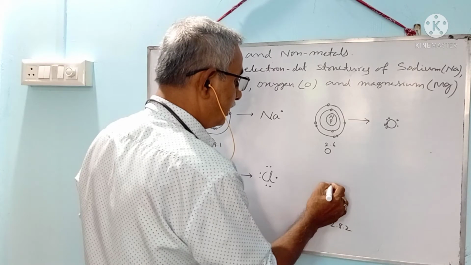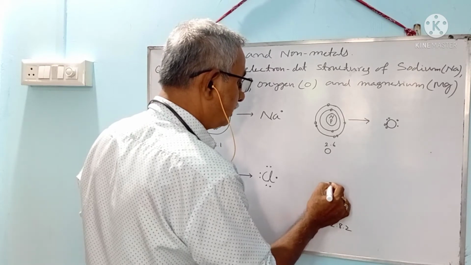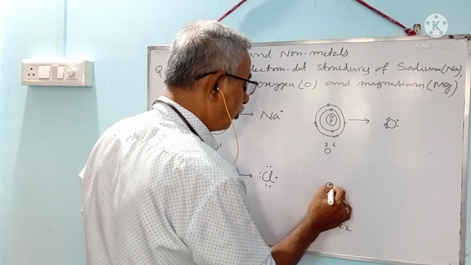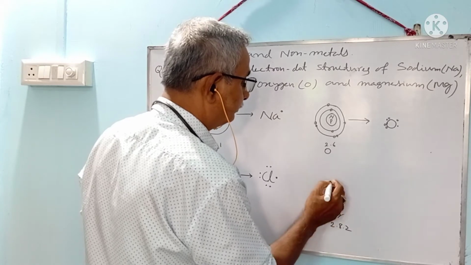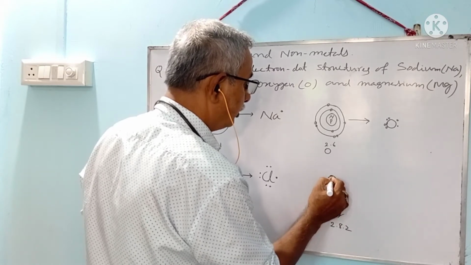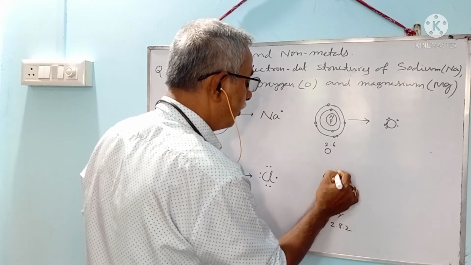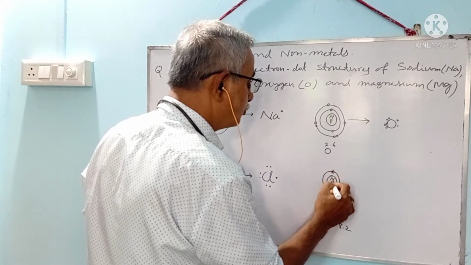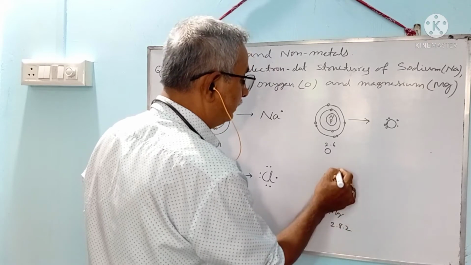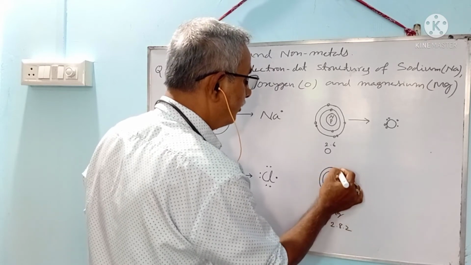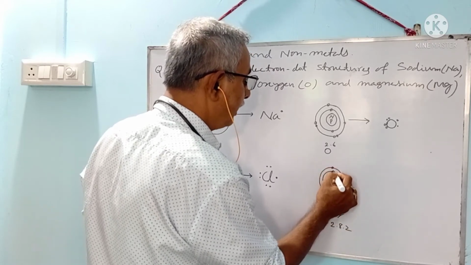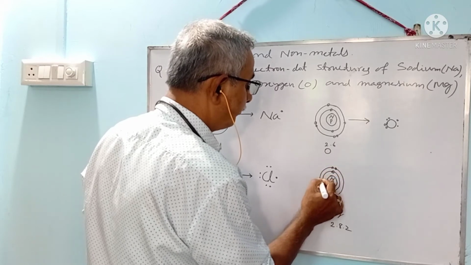In the nucleus you are getting neutrons and protons. Around it, the first shell contains 2 electrons. The second shell, the energy level, will contain 8 electrons.